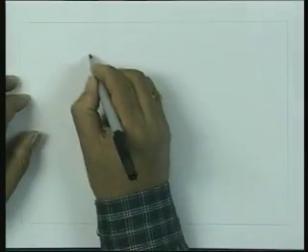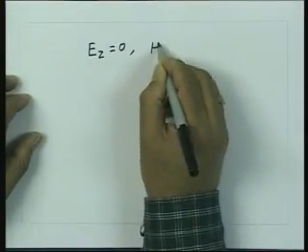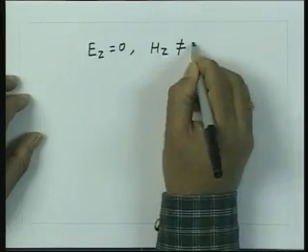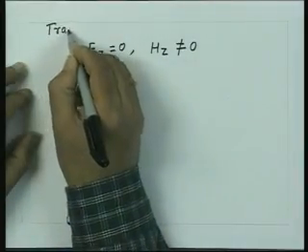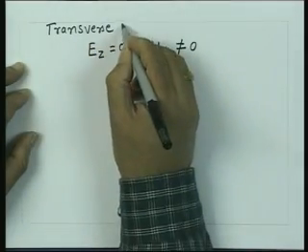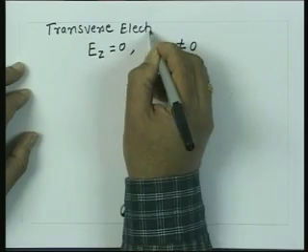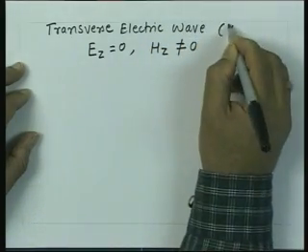Of course, in a routine way we can do the same thing. If you want to analyze the transverse electric case, then we take Ez equal to 0 and we take Hz not equal to 0. So, we consider a case which is the transverse electric case, or a TE wave.